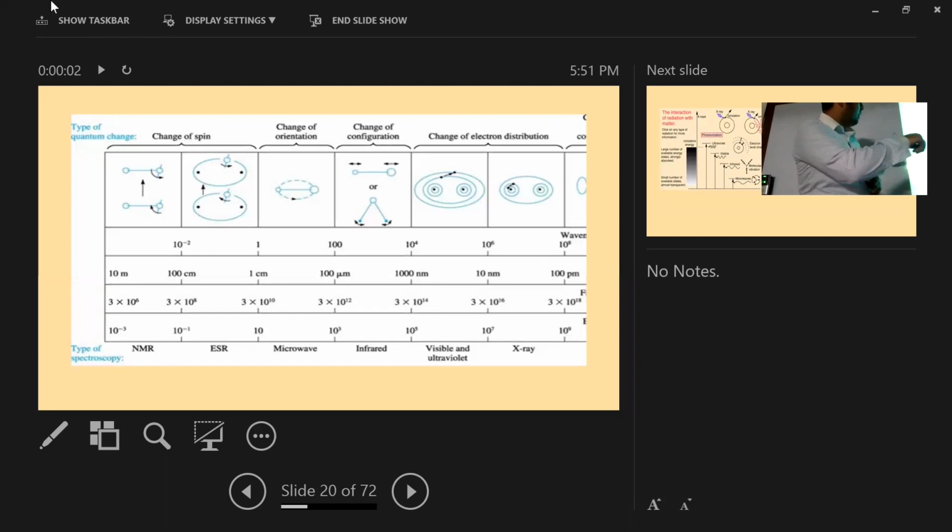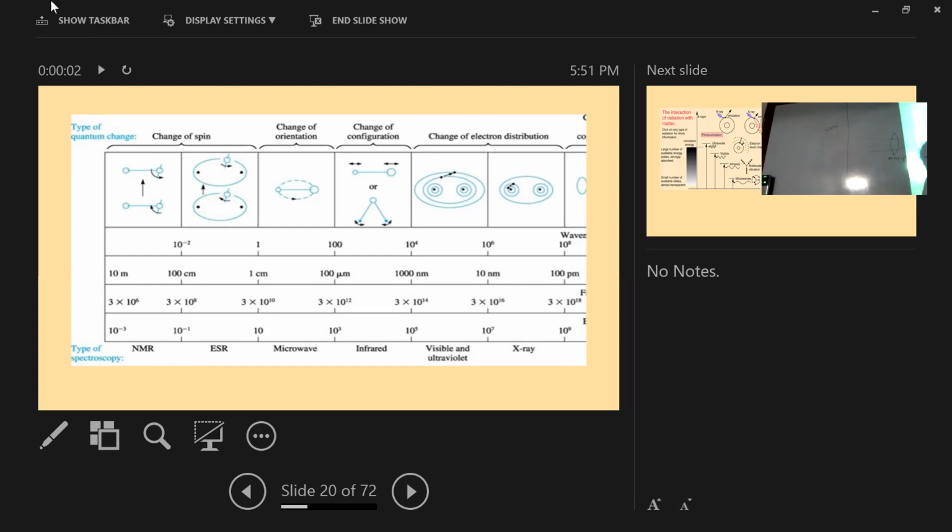If you give a small amount of energy, this NMR, ESR. Just if you are familiar with the orbital orientation, spin of the orbital electron, most of the time we write it either this way or this way.